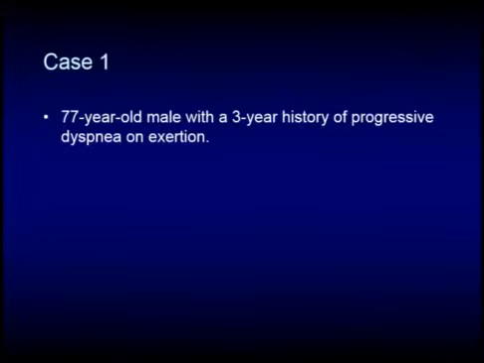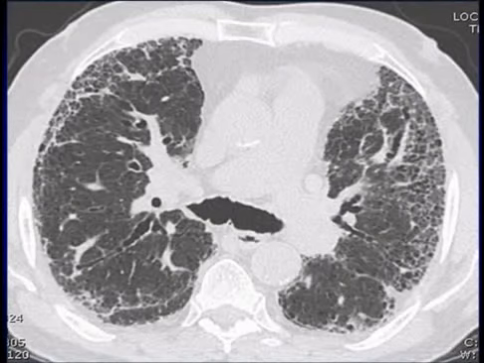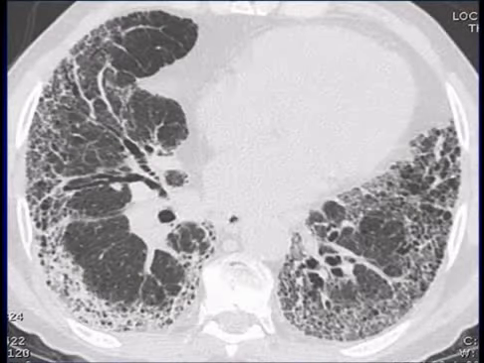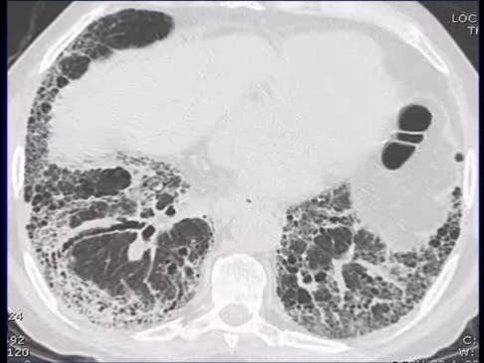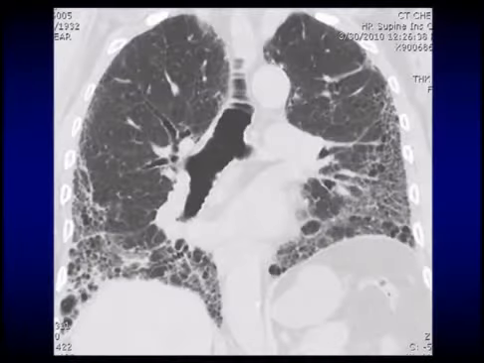So our first case is a 77-year-old man with a 3-year history of progressive dyspnea on exertion. The cases are intentionally kept brief so we can get through more. So you're going to see a few axial images. And a coronal there.